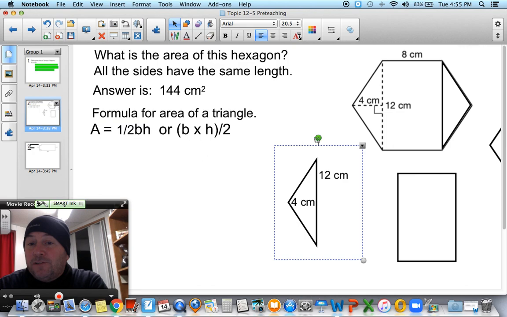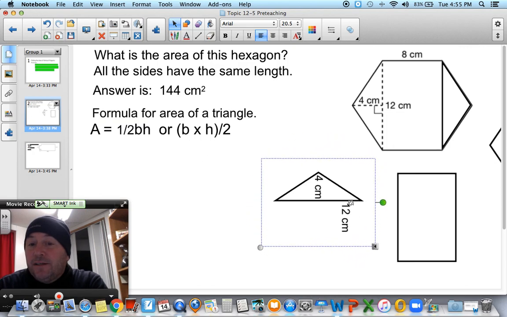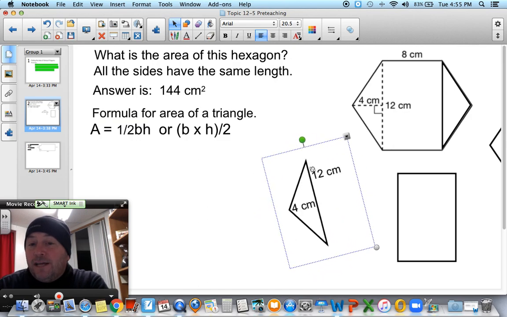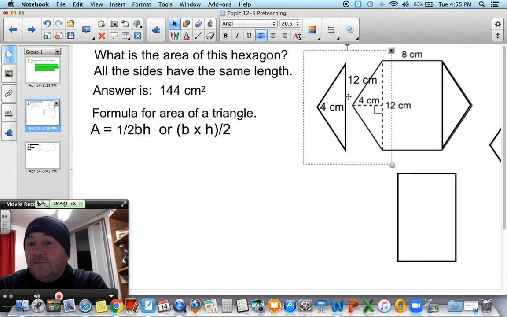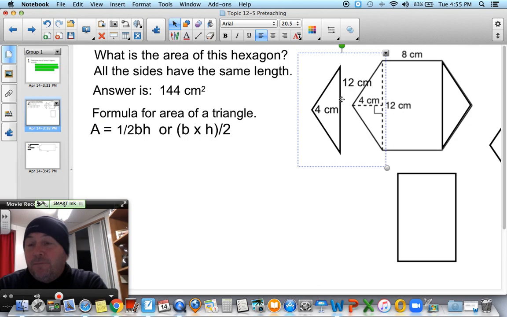That's what I mean. If you look at it this way, this base would be 12 and the height would be 4. That's why we say it has a base of 12 and a height of 4. We just flip it around, so we do the same thing that we did before.